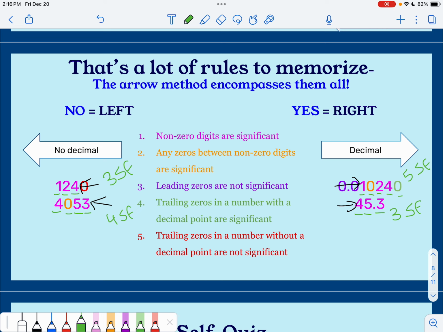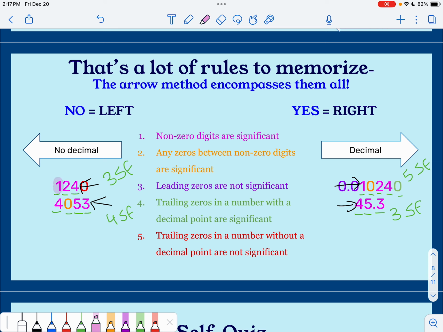So these are the same numbers that we did before on that first slide. So you can see the arrows there and how many sig figs we said that there were. Just as a reminder, because there's no decimal, "no" is wrong, we're starting at the left until you hit the first non-zero number. 1, 2, 3, we said there was 3 sig figs. Now let's look at this number with the rules that we just did.